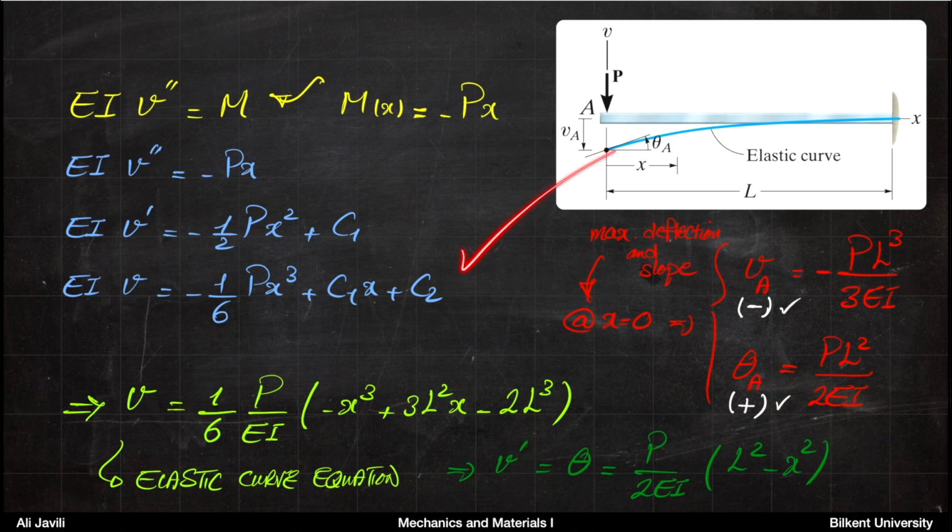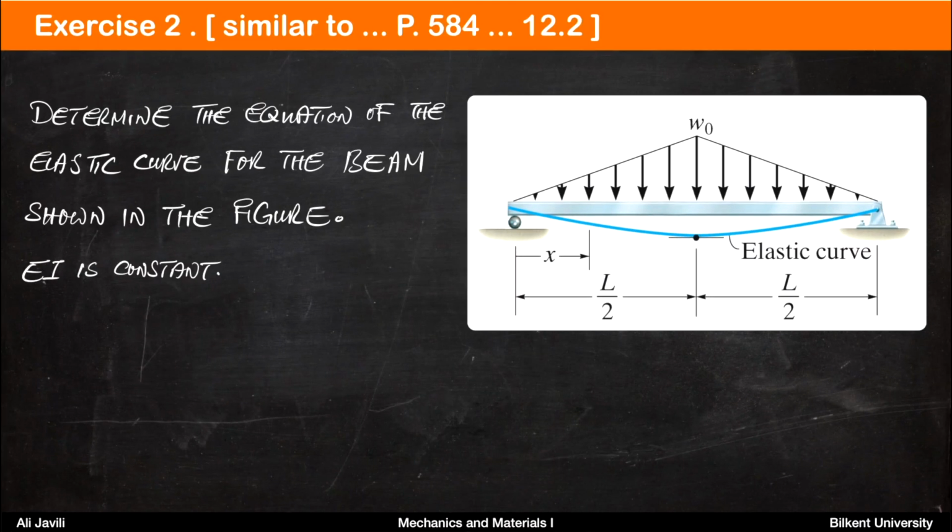All right, this is all you had to do for this problem. Exercise 2 of the lecture is similar to problem 12.2 on page 584 of the book. Determine the equation of the elastic curve for the beam shown in the figure, assuming that EI is constant again.